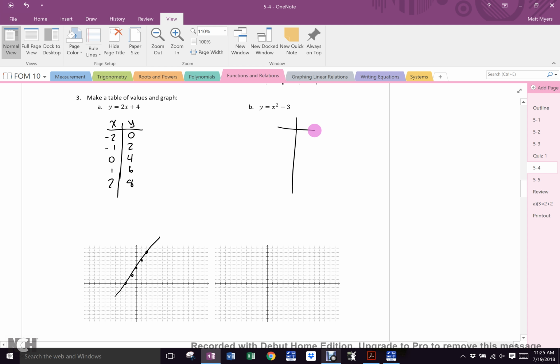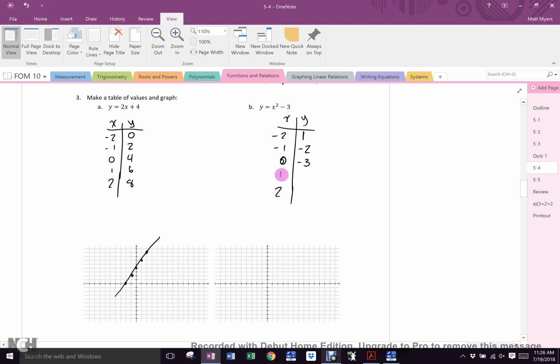This one, same thing. -2, -1, 0, 1, 2. What's -2 squared? 4. What's 4 minus 3? 1. What's -1 squared? 1. What's 1 minus 3? -2. What's 0 squared? 0, minus 3, negative 3.